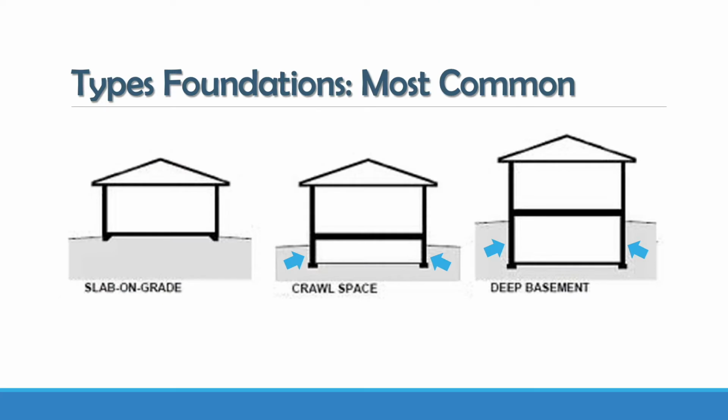For the next, we're going to talk about these in combination, crawl space and deep basement. These are both types that are made with a continuous foundation wall, often called a stem wall, and a continuous spread footing. So the block shape that we see at the bottom is the spread footing.